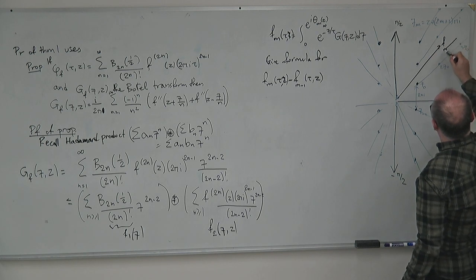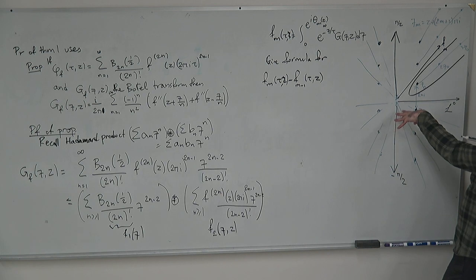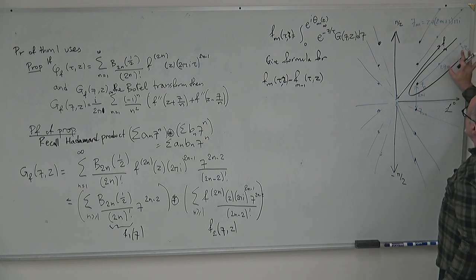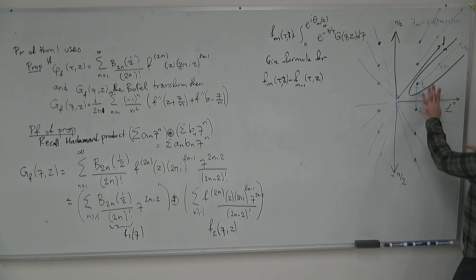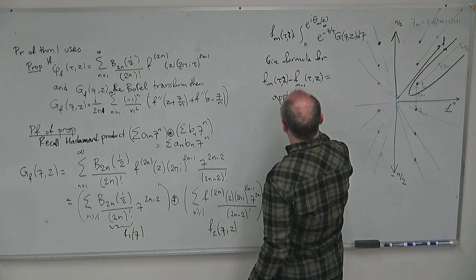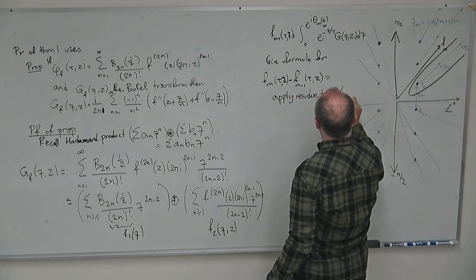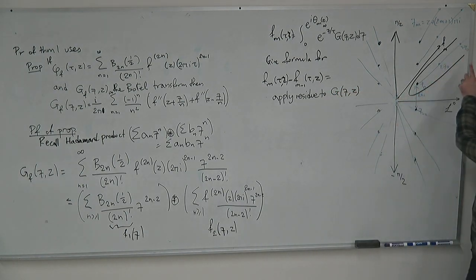So if you want the formula between one Laplace and another, that's the same as this Hankel contour. Singularities are simple poles, so therefore you just apply the residue theorem to the function that you're integrating at the appropriate residues.